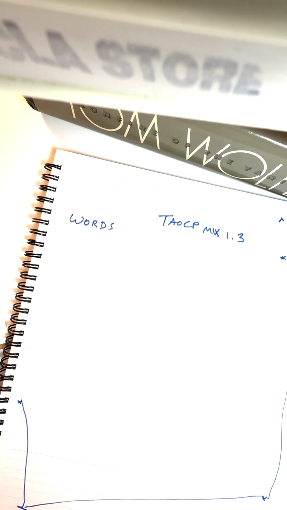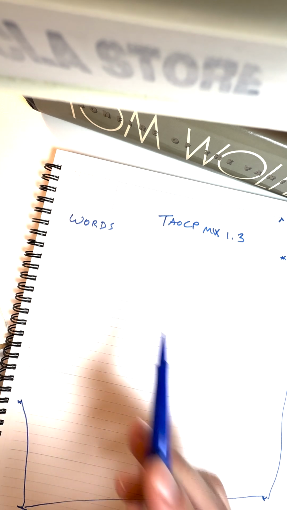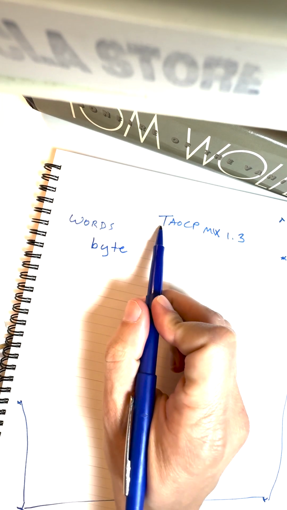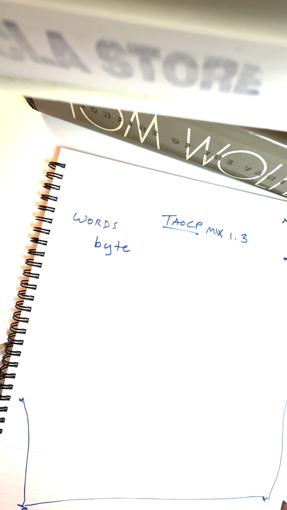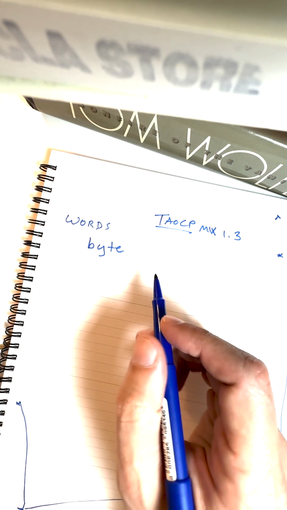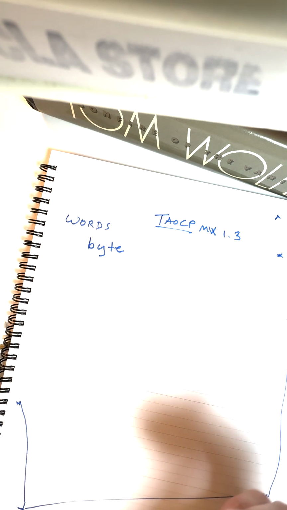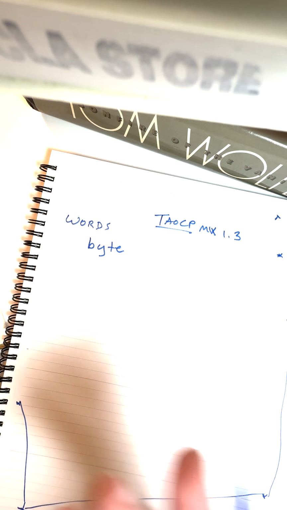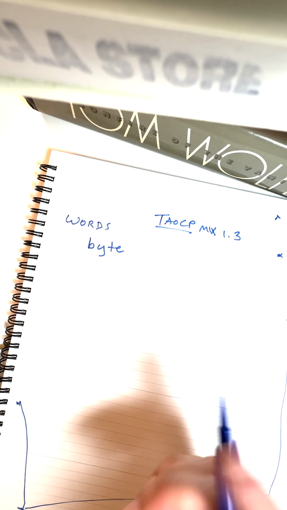And the basic unit of MIX data is a byte. And a byte, in the art of computer programming, not anywhere else, is 6 bits. It's something that's capable of holding at least 64 distinct values.